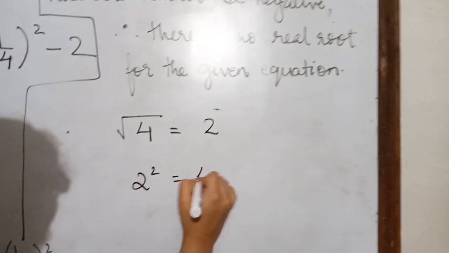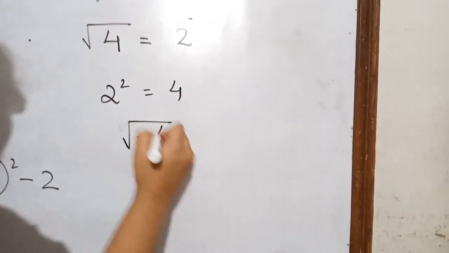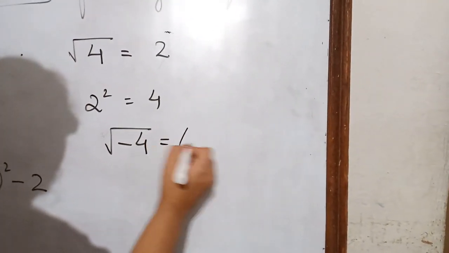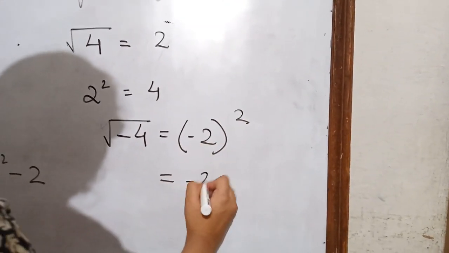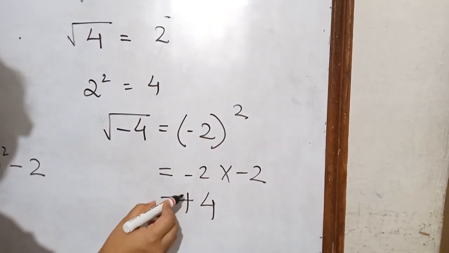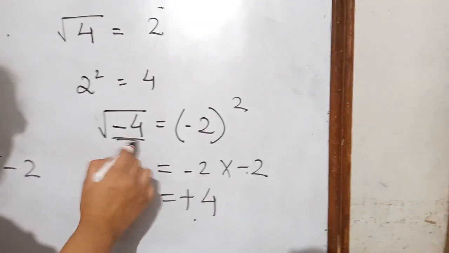Because 2 twos is 4. But if I ask, what is the square root of minus 4? It is not minus 2, because minus 2 into minus 2 will give you plus 4, which is not equal to minus 4.